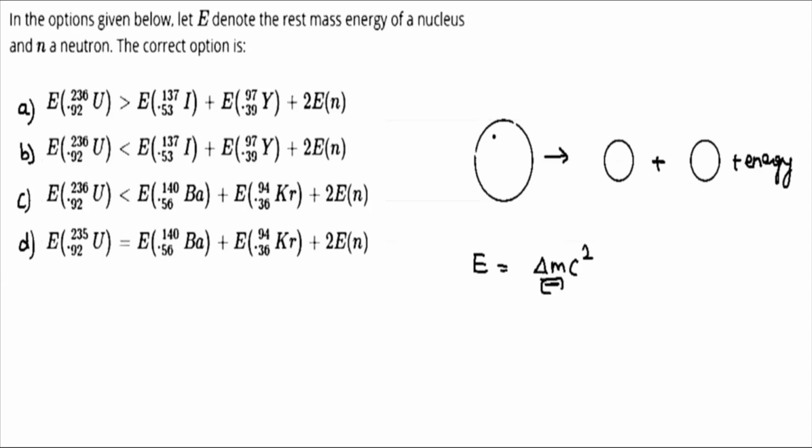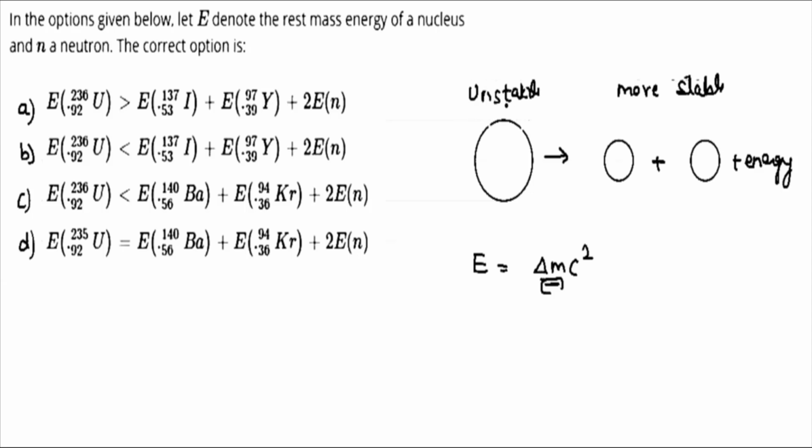So how can we see this? Uranium would have a greater rest mass energy as compared to its constituents. Why? Because it is unstable. Uranium is disintegrating, or converted into I and Y, so uranium is unstable, and here the product is more stable. That is why they are converted.